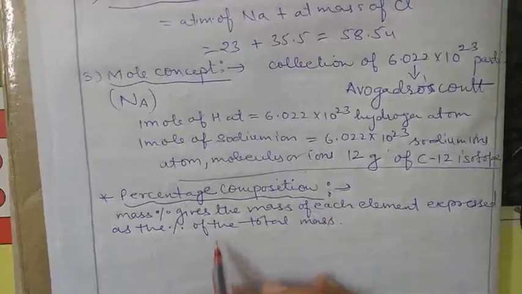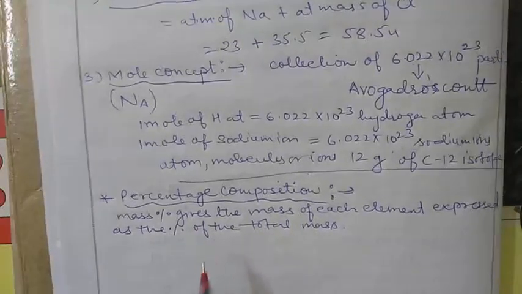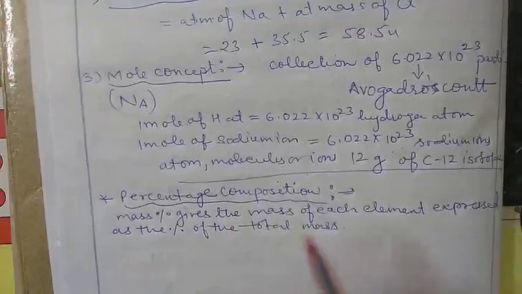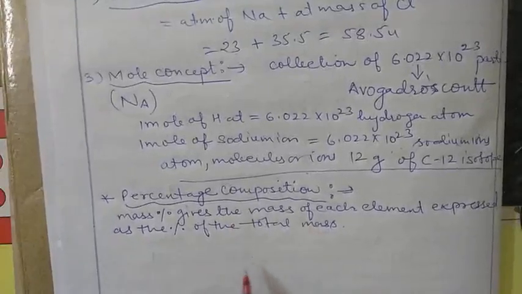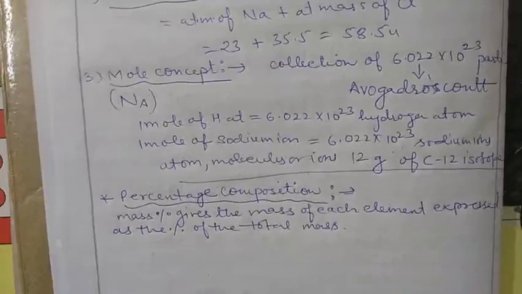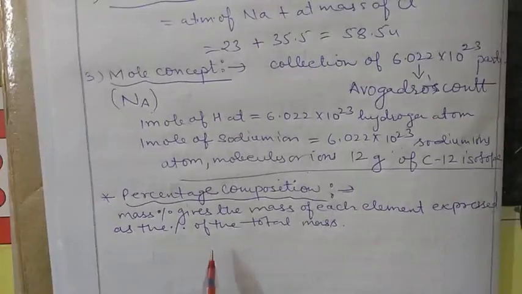This is the way to express the mass percentage. Or in other words, it gives the number of grams of the element present in 100 gram of a compound, and it is obtained by dividing the mass of each element in 1 mole of a compound by the molar mass of the compound and multiplying by 100.